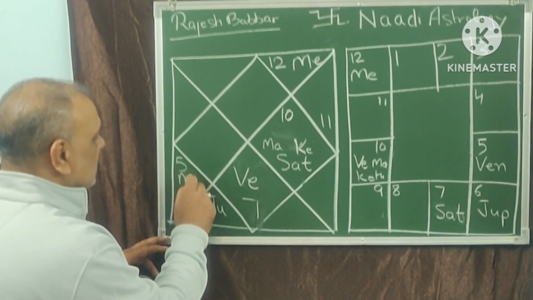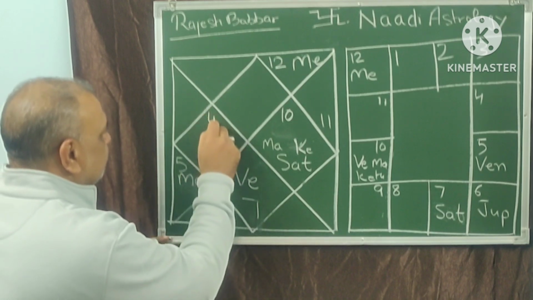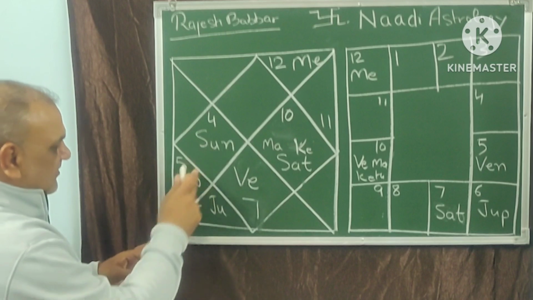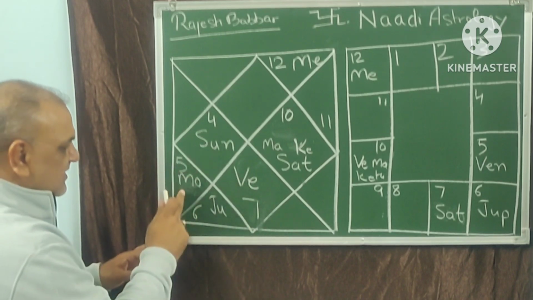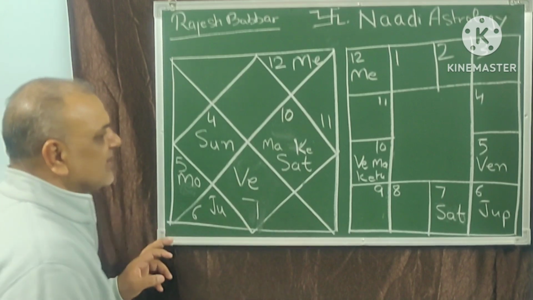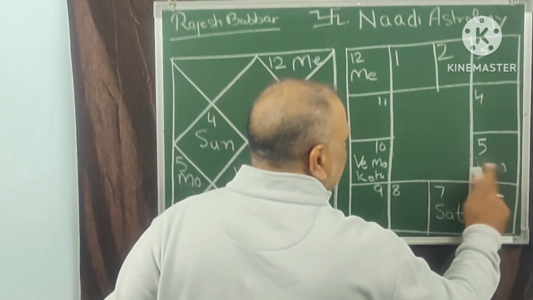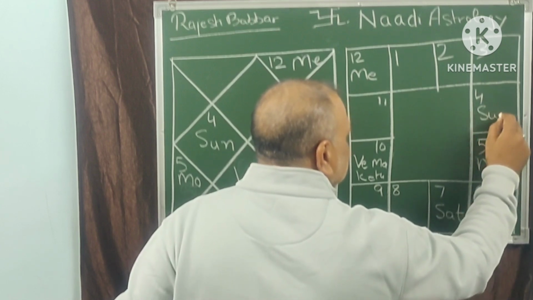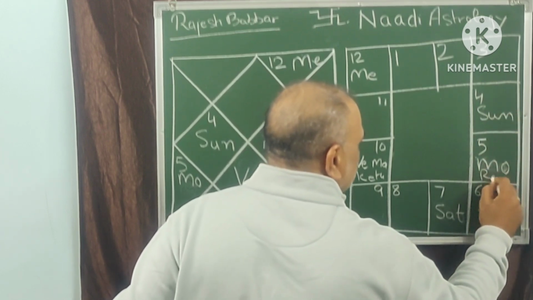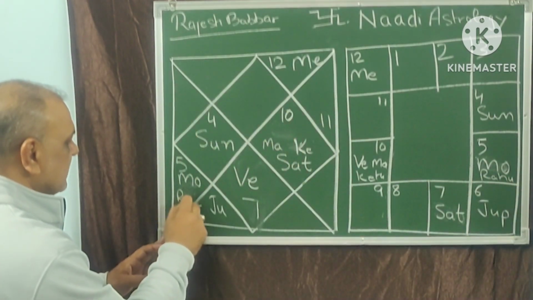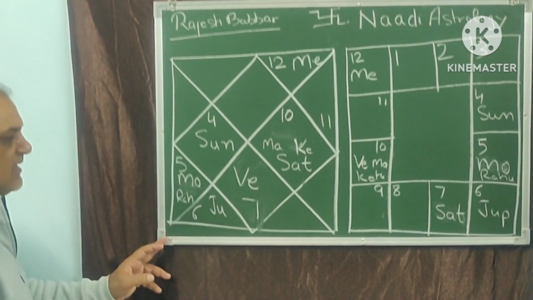Let's say Moon is placed here, Sun is placed here. Now there is an exchange of Sun and Moon. There is a Rashi Parivartana of Sun and Moon. So I will write here also, Moon is placed here, Sun is placed here, and Rahu is placed here with Moon.